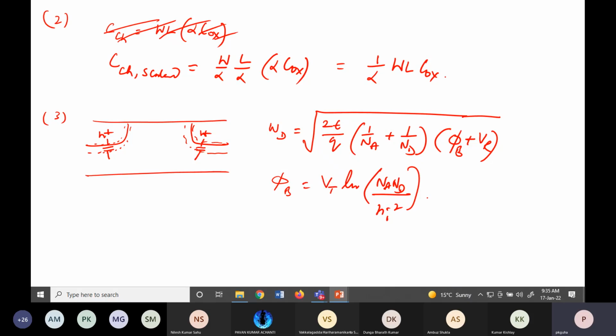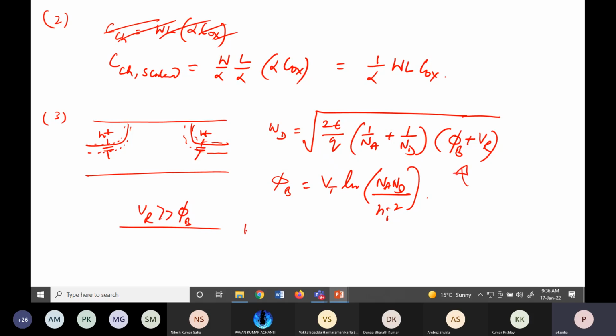The built-in potential phi b is a weak function of Na and Nd, and in fact it increases if Na and Nd are scaled up by alpha square. For now we are just assuming that Vr is much greater than phi b, and neglecting the second part.